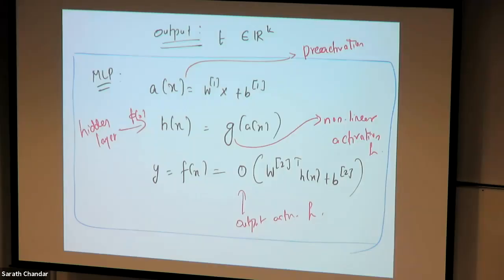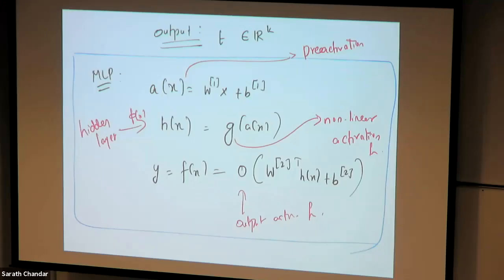So compare this to something like a linear regression model. What would be the equation for the linear regression model? Anybody? Yeah, just y is equal to W transpose x plus B if you want the bias, right?